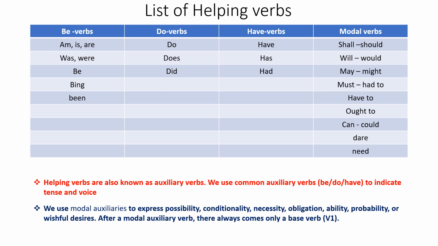Whereas these modal auxiliary verbs, the 4th group, we use them to express possibility, conditionality, necessity, obligation, ability, probability, or wishful desire. And after a modal auxiliary verb, we always use only V1, meaning only a base verb or a present verb comes after any of the verbs from this fourth group.